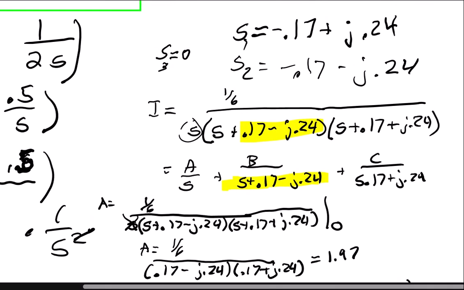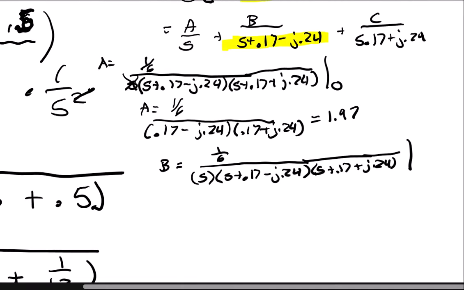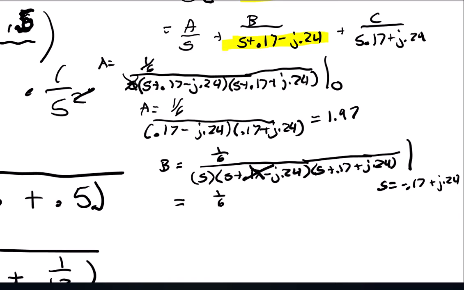So if you go back and you look, this was our solution, and then we said minus that came up with this factor in the denominator, and so that's where this is coming from. So I'm going to plug in S equals minus 0.17 plus J.24, but I cross out this term because that's the term that would make it equal to 0.